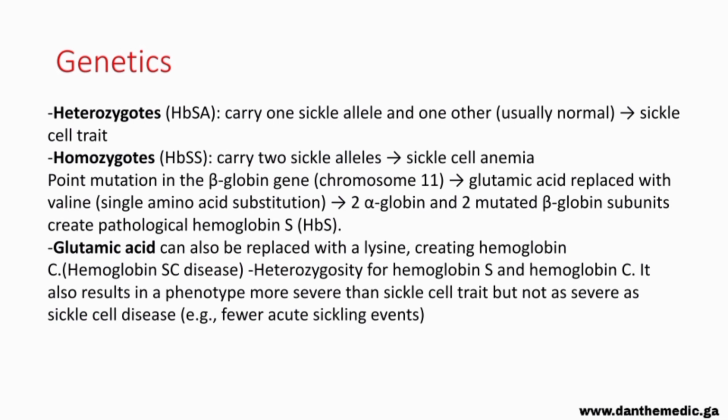By so doing, we will have two normal alpha globin and two mutated beta globin subunits. And then this creates the pathological hemoglobin known as hemoglobin S. In some cases, there can also be replacement of this glutamic acid with lysine, and this is known as hemoglobin C. If you remember, I said that there are some rare forms of sickle cell syndrome whereby there is presence of a sickle cell allele and also presence of another allele.